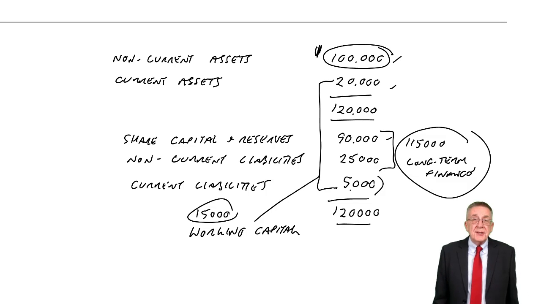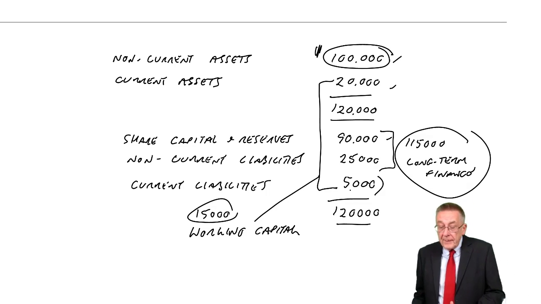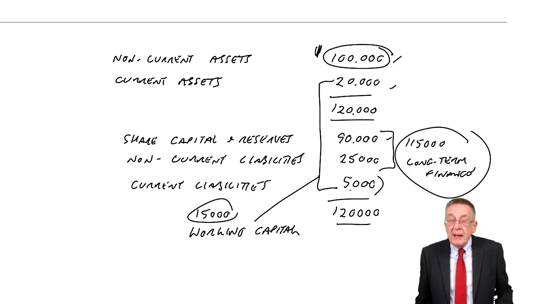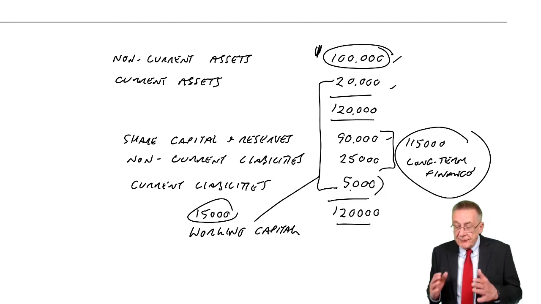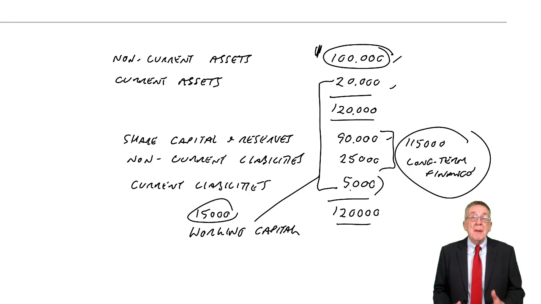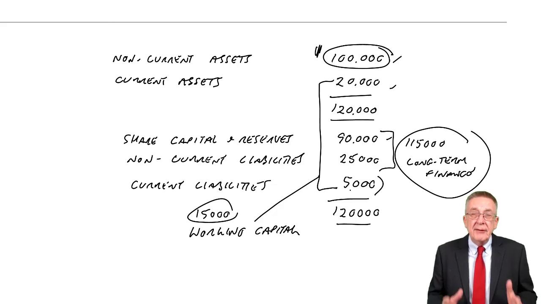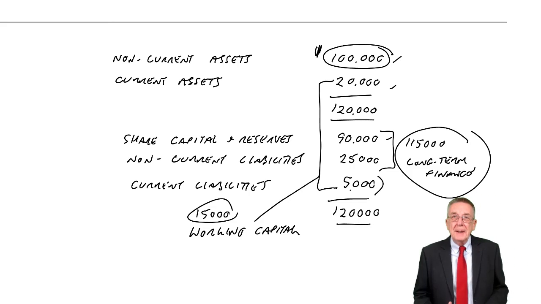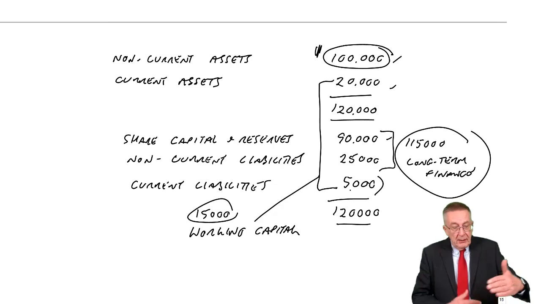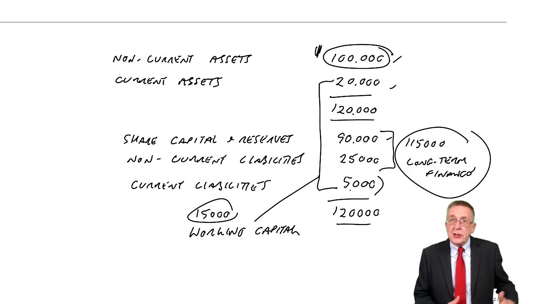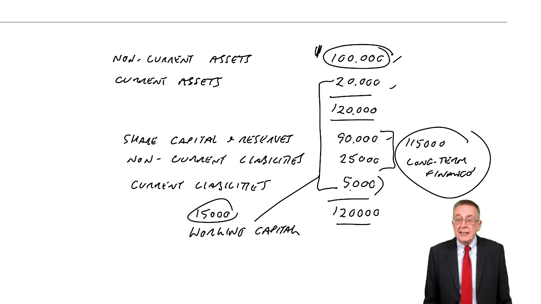repaying some of the borrowing and saving interest or dividend, or having more cash available to invest in new machines and make more profit. It's vital that the working capital is managed properly, that we decide what levels needed for our type of business, but we watch it and make sure that inventories don't get too high, make sure that we're not giving customers too long a period of credit, and so on.